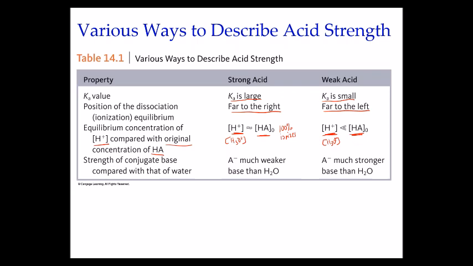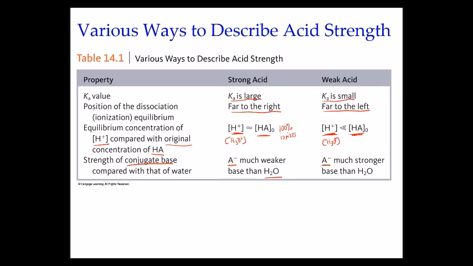Strength of the conjugate base. For a strong acid, the conjugate is a much weaker base than water. We call these ones neutral conjugates because they don't react with water, so they are a much weaker base than water. They just float around in between, don't react with water.